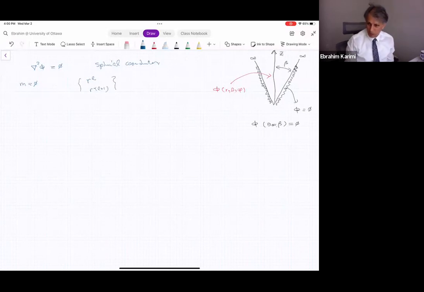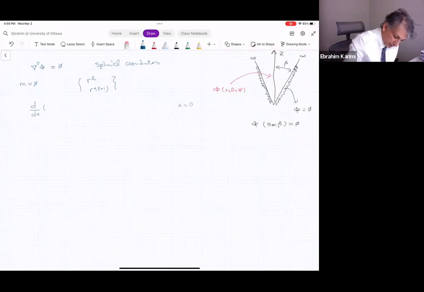The theta part is a little bit more complicated than we thought. So going back to the differential equation that we had previously, it was d dx, where x was chosen to be cosine of theta, and M was equal to 0.